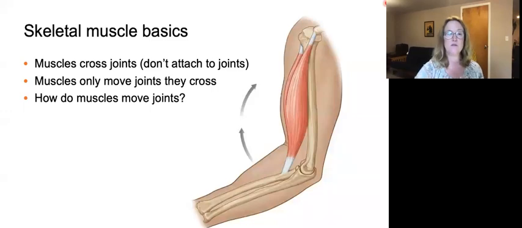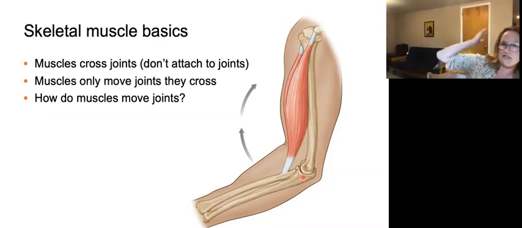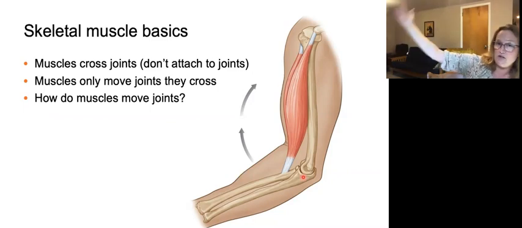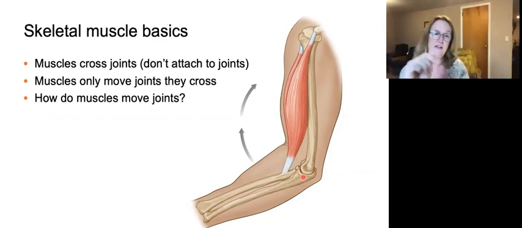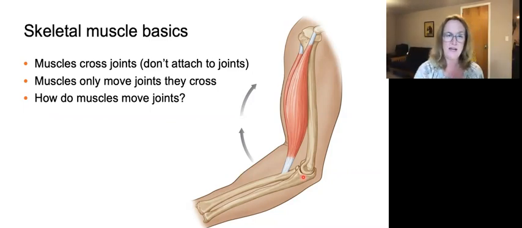Now, the next question, of course, is how? How do muscles move joints? Biceps brachii is primarily an elbow flexor. How does it move the elbow joint? So remember, elbow flexion is like this. Brachioradialis, I showed you a minute ago, is also an elbow flexor, but we've got biceps brachii up here, and it's primarily an elbow flexor as well.